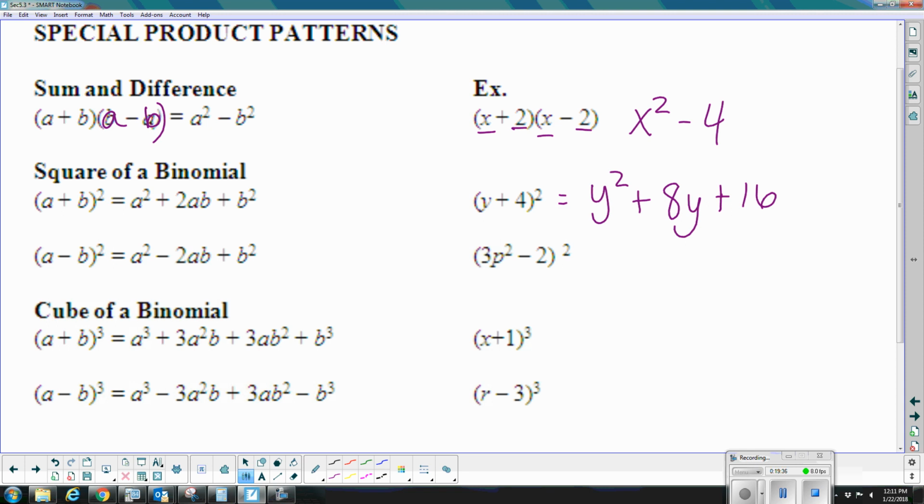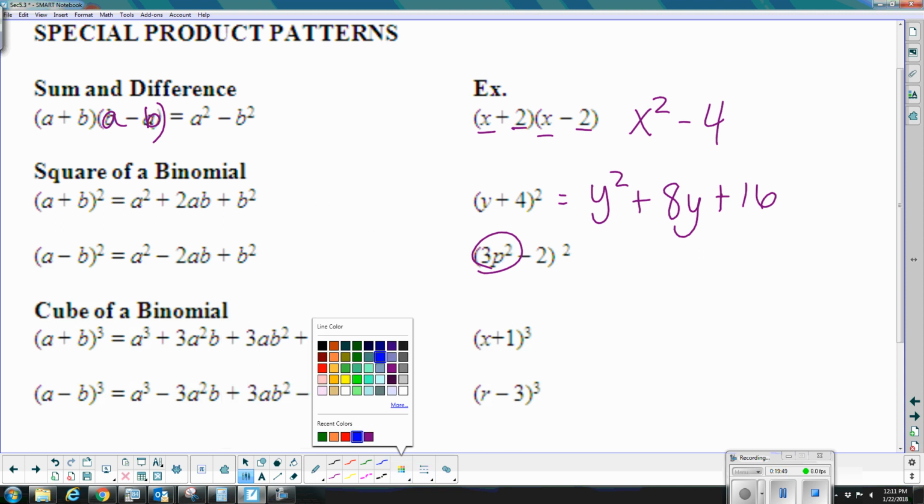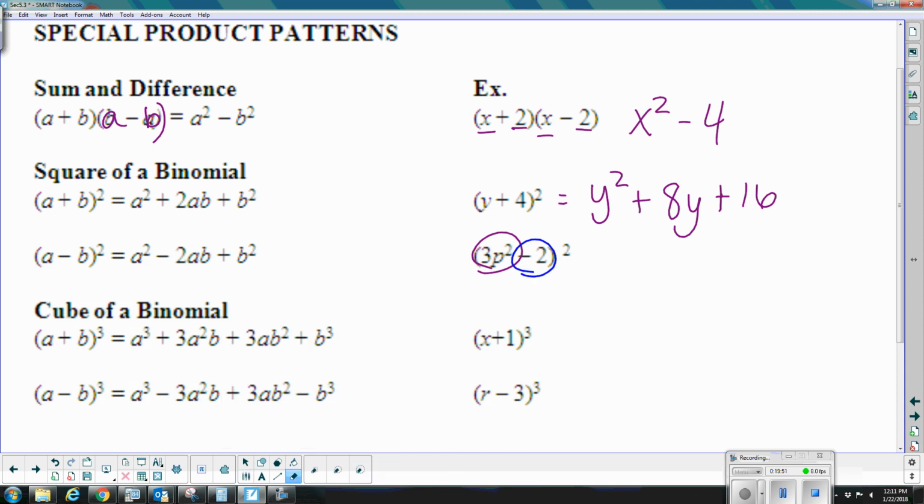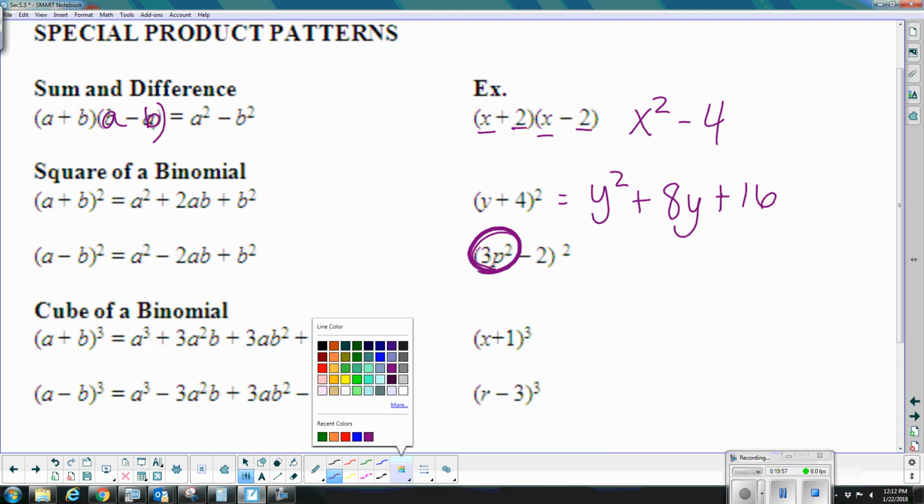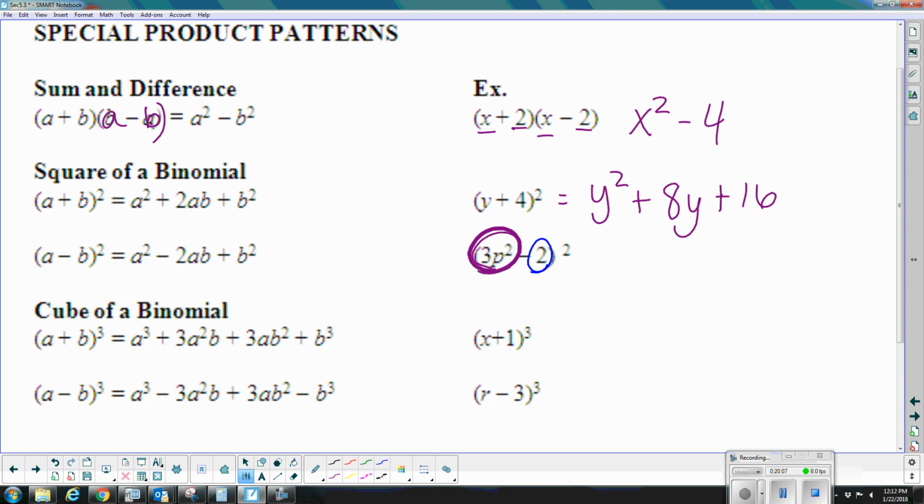And then the difference of a square: a minus b squared is a squared minus 2ab plus b squared. In this case, this whole thing is your a, and this is your b. So your a is 3p squared, and you're going to square that.